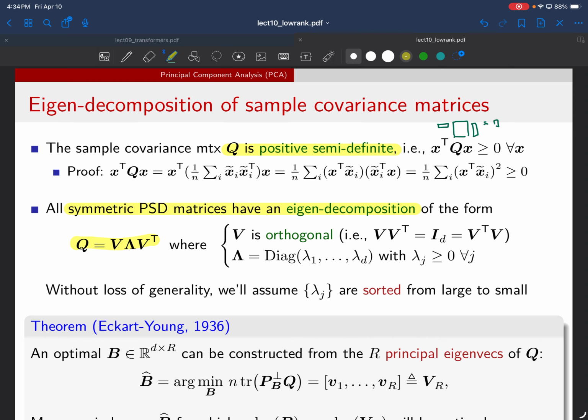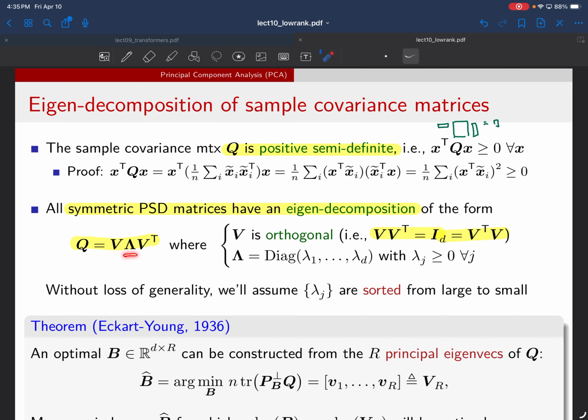All of its columns are mutually orthogonal. All of its rows are mutually orthogonal. So because of that mutual orthogonality, you get this property, or if you swap the transposes, you get this property. And so this one tells you that the rows are orthogonal, and this one tells you that the columns are mutually orthogonal.